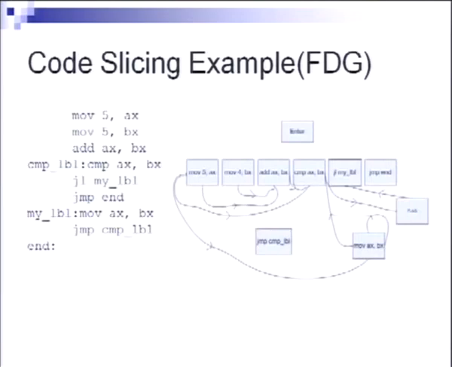Now you can see, just from this, 1, 2, 3, 4, 5, 6, 7, 8, 9, 10 nodes. You can kind of think of it as 9 nodes. And 1, 2, 3, 4, 5, 6, 7, 8, 9 edges. So just for this tiny little program of 8 instructions, there's quite a bit to be had.